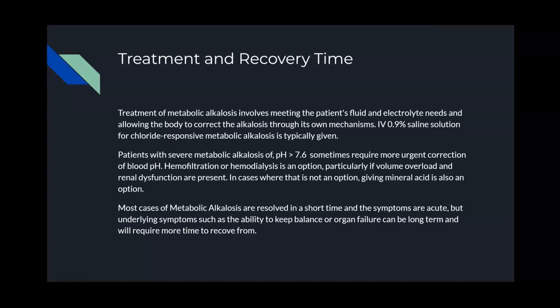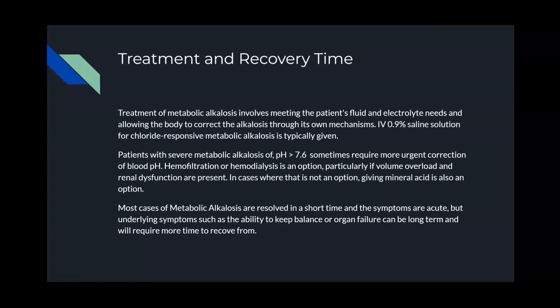Now, if that isn't the case and it's a more severe issue, such as a pH of 0.6 on the pH scale, it would require hemofiltration or hemodialysis, which is the process of filtering the blood and getting rid of toxic elements from it.